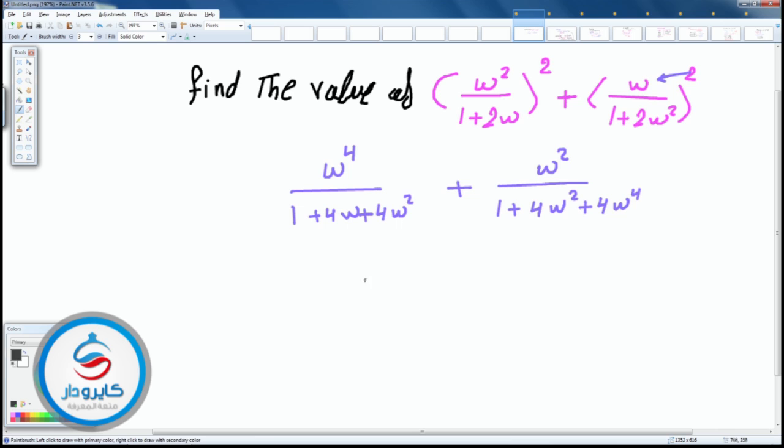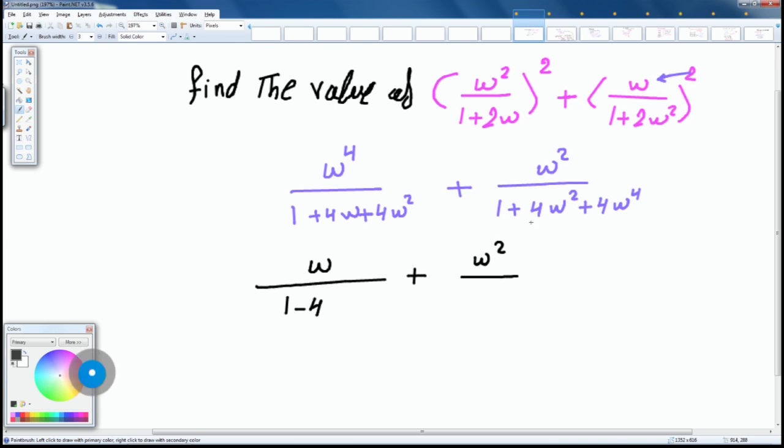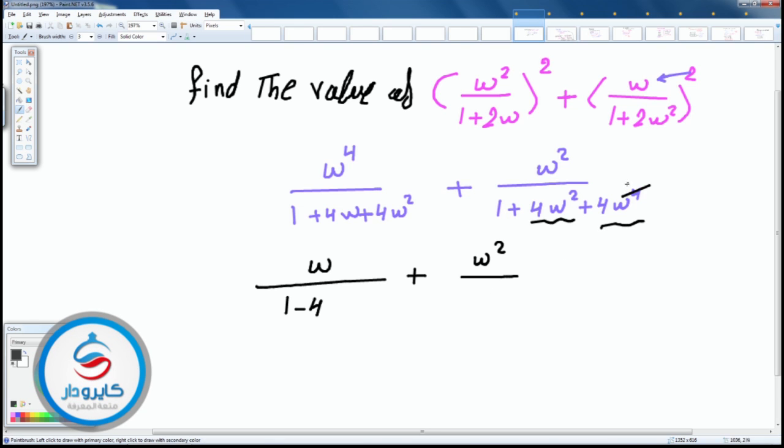Simplifying, omega power 4 means omega power 1, 4 omega plus 4 omega power 2, it means negative 4, plus omega power 2, and this is 1, 4 omega square, 4 omega power 4, this is omega power 1, it will be also 1 minus 4, so we have omega plus omega square over negative 3, omega plus omega square means negative 1 over negative 3, then the final answer will be 1 over 3.